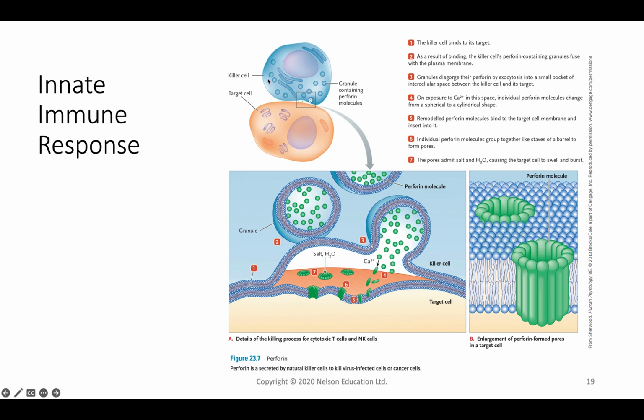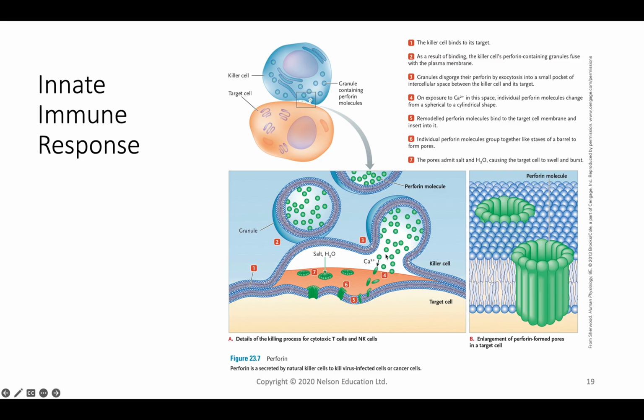So once we've attached ourselves to the target cell, we're going to have these granules lyse open, releasing what's called perforin. Now, when the perforin is going to hit the target cell's plasma membrane, they cause this weird granularization. So the perforin is going to cause a shape change, and a small pocket of intracellular space in between the plasma membrane is going to open up.